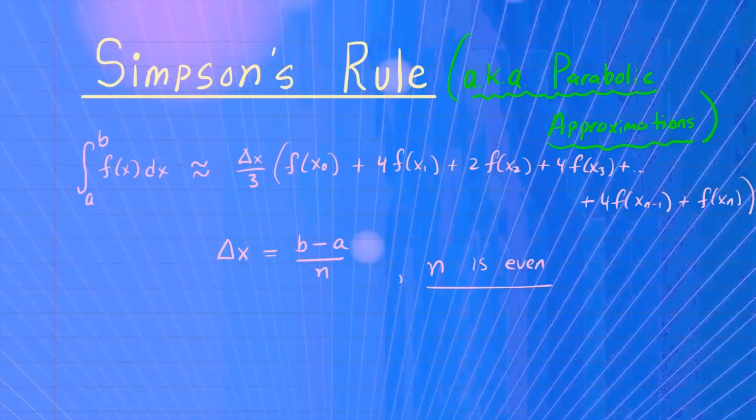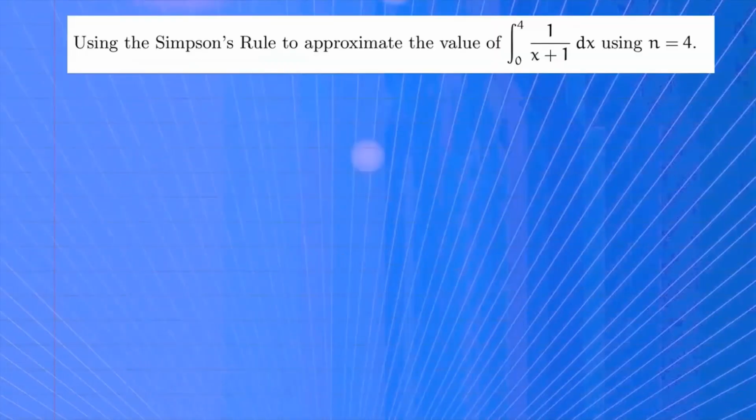Right, so let's go ahead and figure out how to do this by using an example so that you're familiar with this approximation as well. Let's use Simpson's rule to approximate the value of the integral from 0 to 4 of the function 1 over x plus 1 using n equals 4. So that's the number of subdivisions we're going to make on the interval 0 to 4.